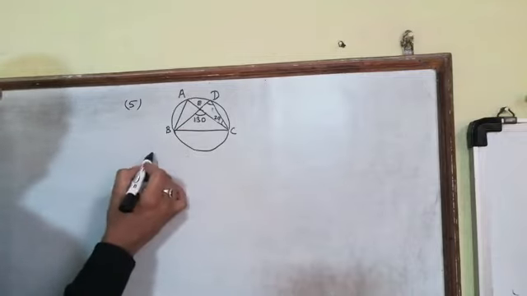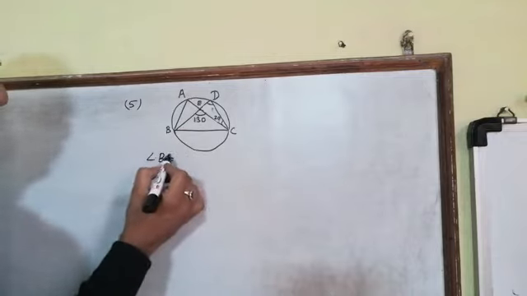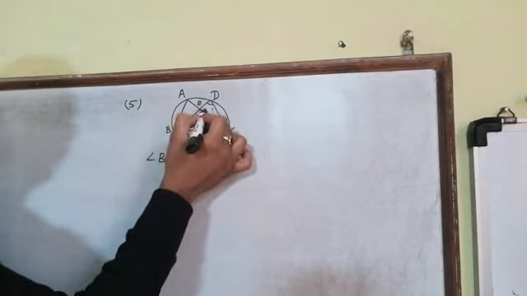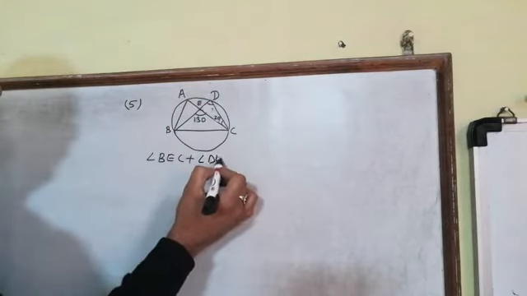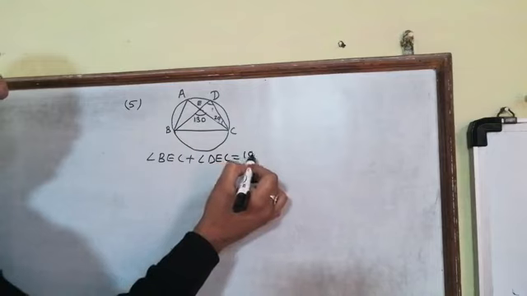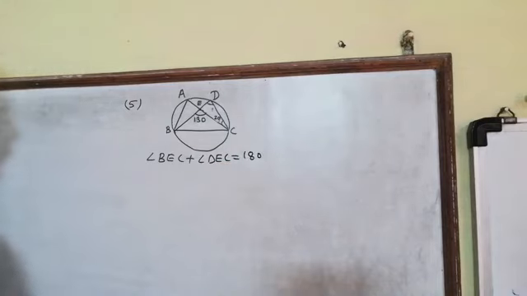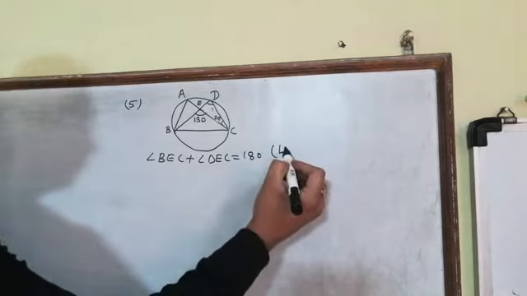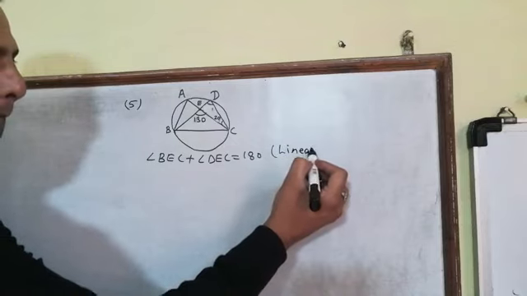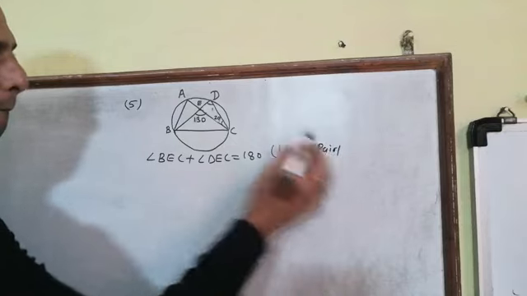So this BEC plus DEC is forming a linear pair, DEC is 180 degrees.